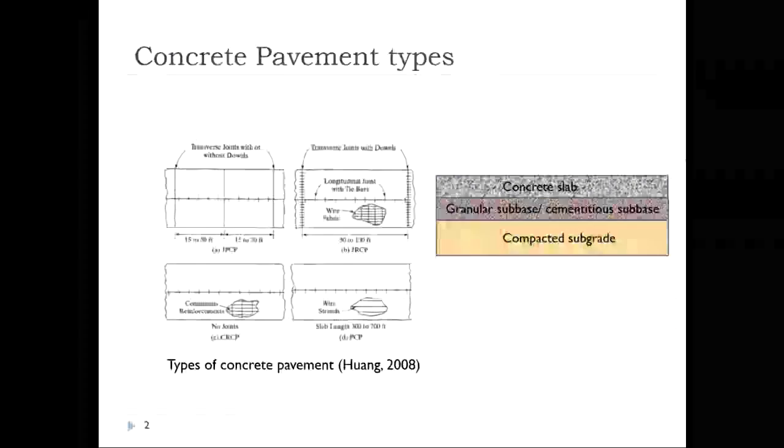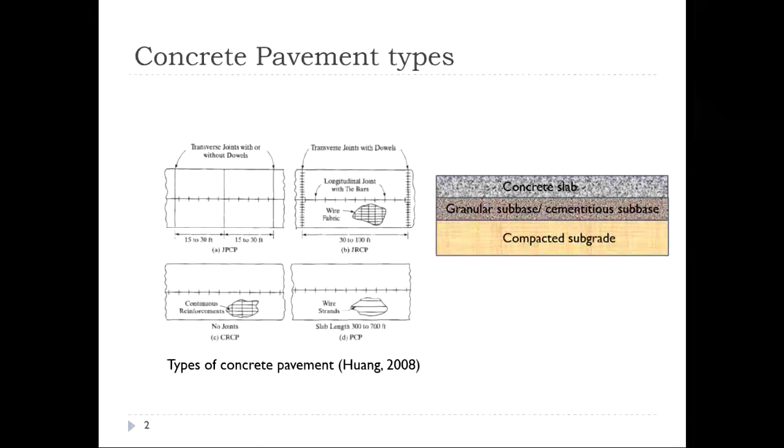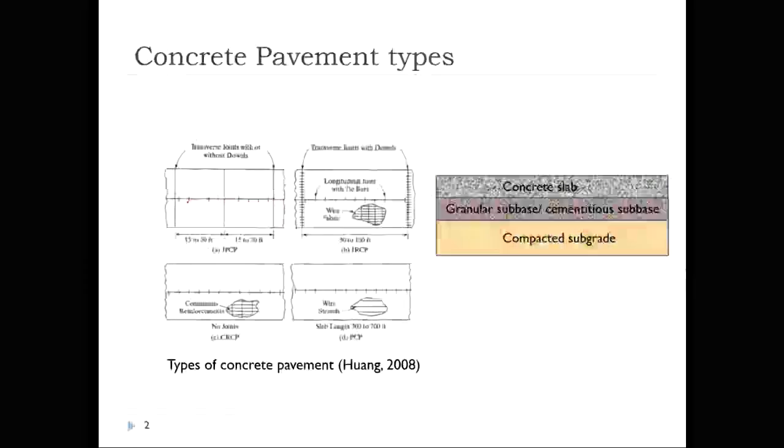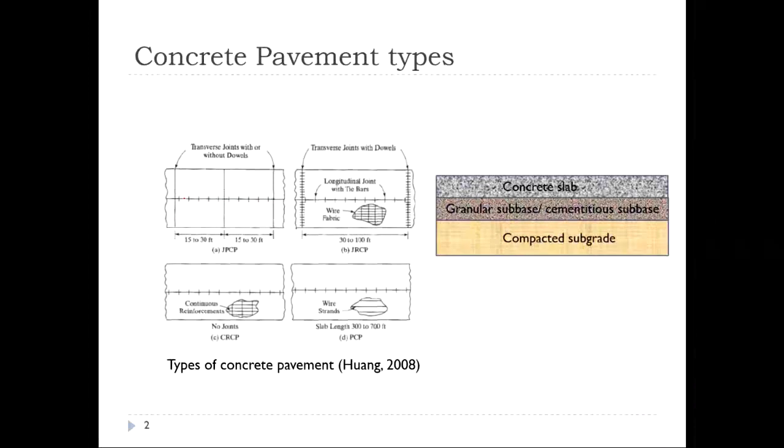So a broad classification of concrete pavements is demonstrated here. We can have jointed plain cement concrete pavements. As the word suggests, you have finite slabs, where the slabs are connected by means of tie bars across the longitudinal joints, and we may or may not have dowel bars.